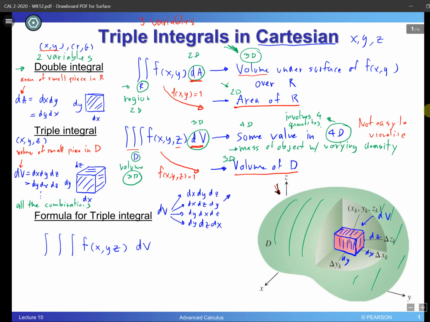Also we have this dz, dx, dy, and last one, dz, dy, dx. Okay, 6 variations, and you need to pick one. Depending on the situation, sometimes some orders are more suitable for your problems. So there is no right or wrong here. You need to pick the more suitable one based on the situation that you encounter.